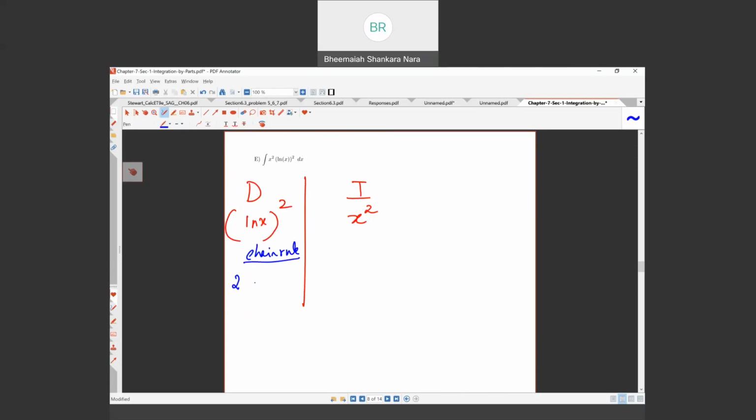So this is the power rule, 2 times ln x. Now differentiate ln x again, you get 1 over x. Integrate this term on the right hand side, x square, you get x cubed divided by 3. Multiply the terms with a positive sign, multiply these terms with a negative sign, and then integrate.